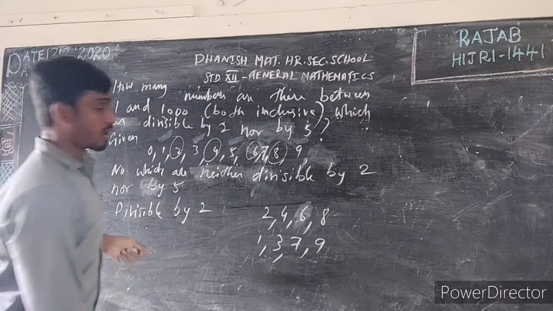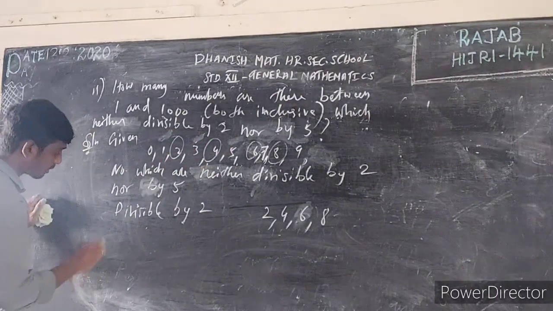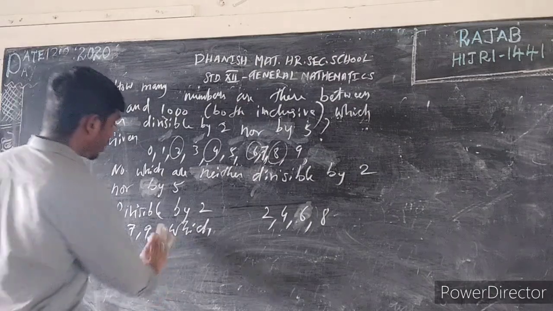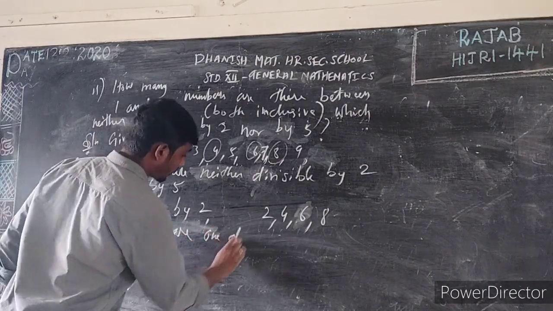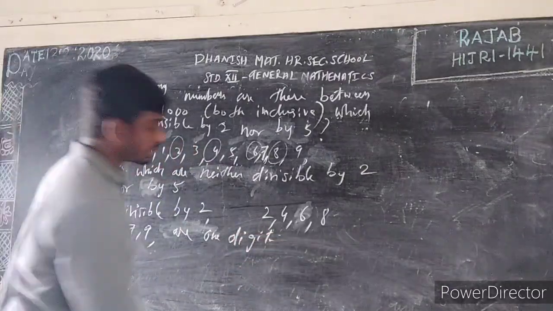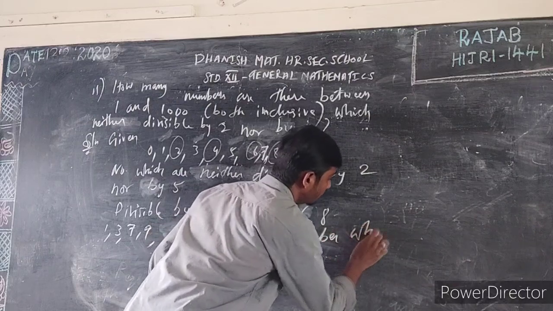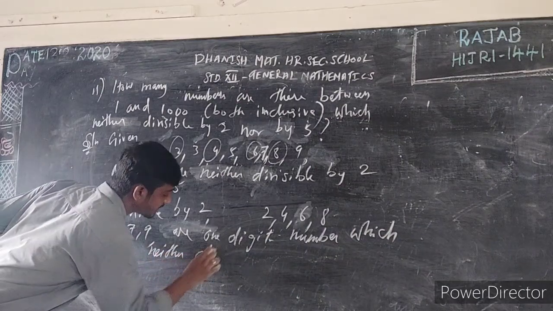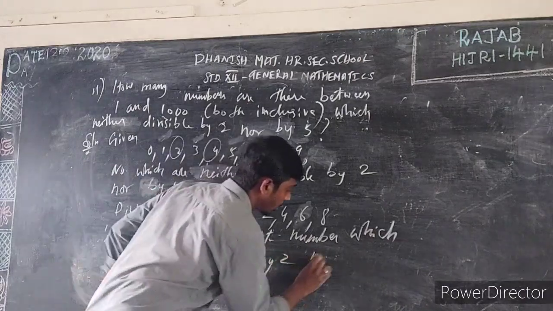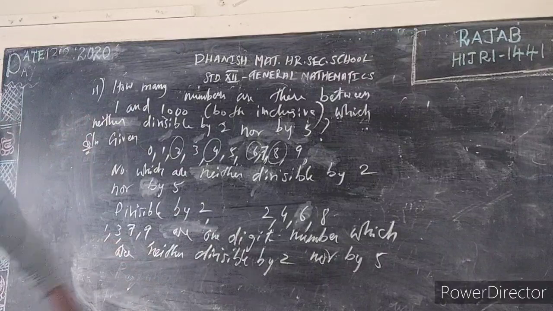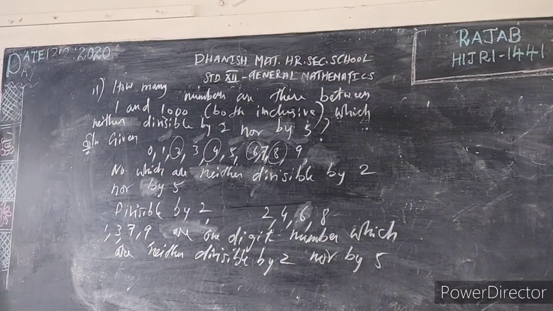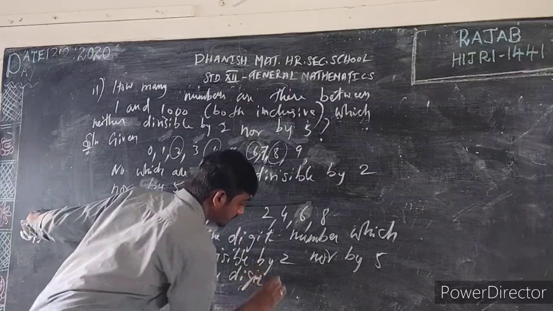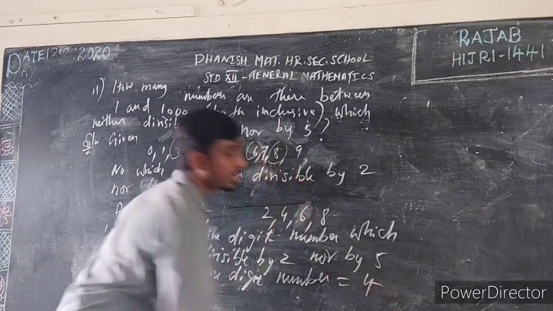So the required one digit numbers are 4 in count.